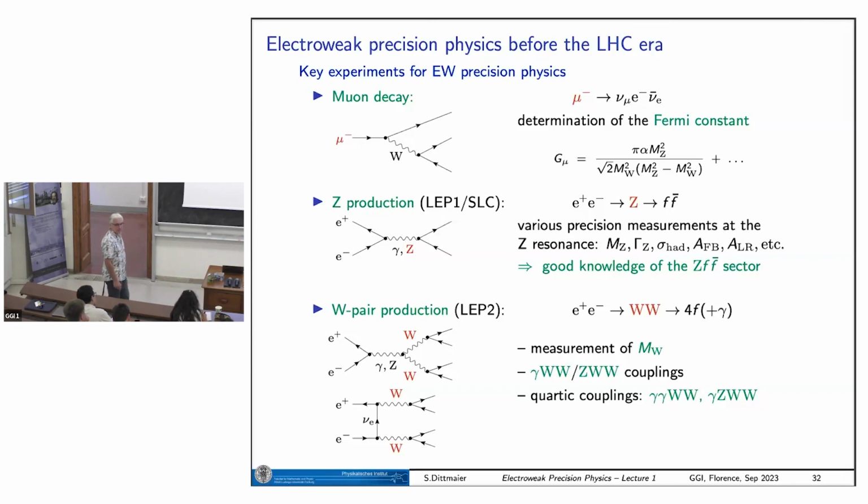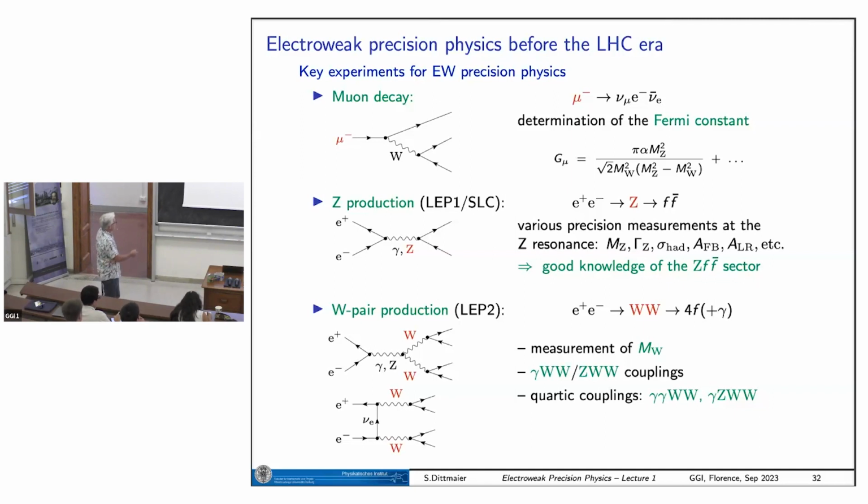And there was just a bunch of precision observables coming with these investigations, like, for example, measuring the Z boson mass, which is typically taken as an input for the standard model, the width of the Z, the cross section for this resonance reaction, I will come to this later, and various asymmetries. And there was a lot of knowledge that could be gained just from analyzing these observables.